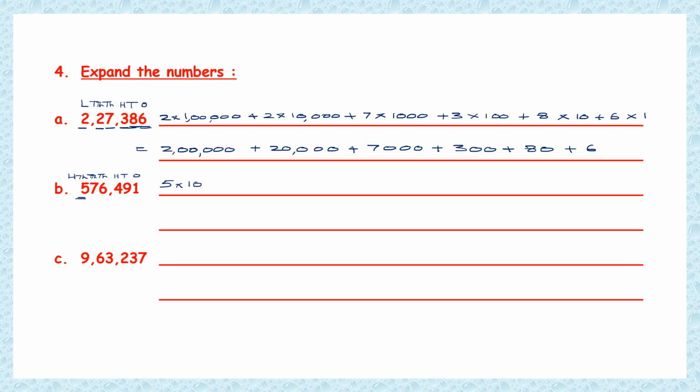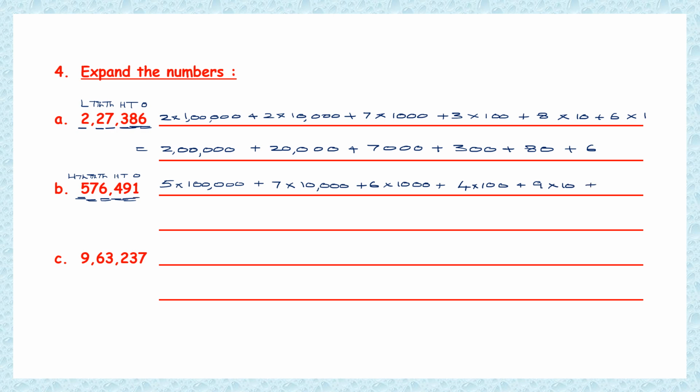Plus, take the next digit, 7 is in the 10,000s place. So 7 into 10,000. Plus, go to the next digit, 6. 6 into 1000. Plus 4, 4 into 100. Plus 9, 9 into 10.